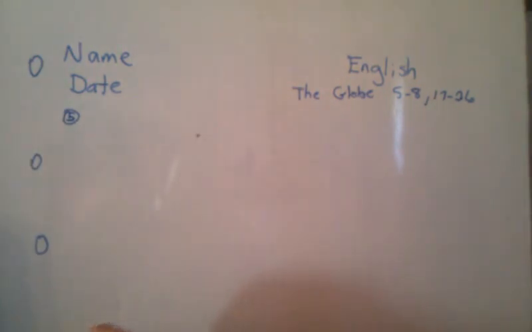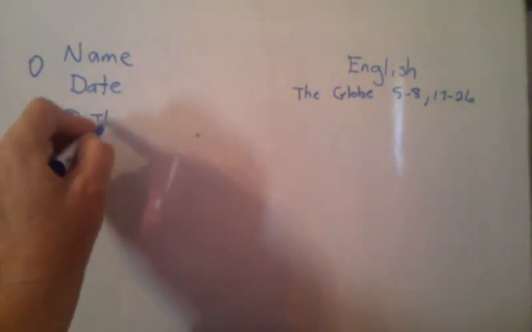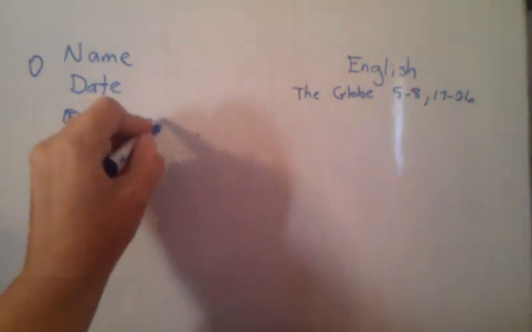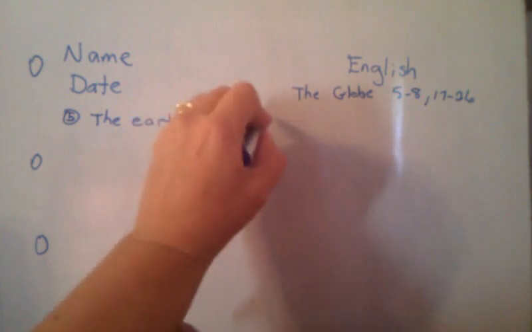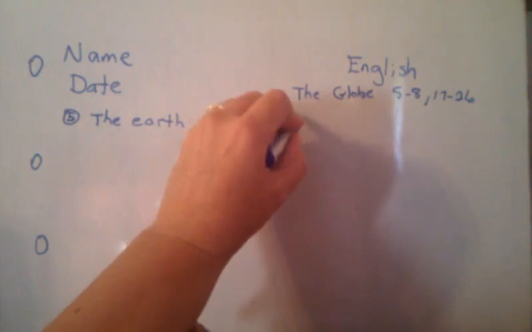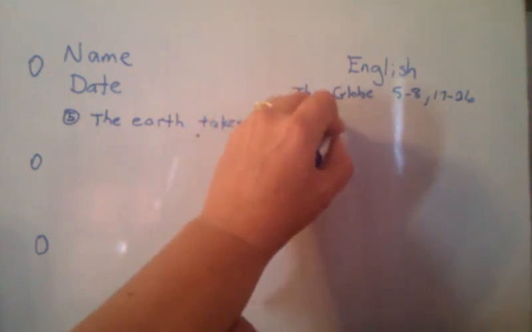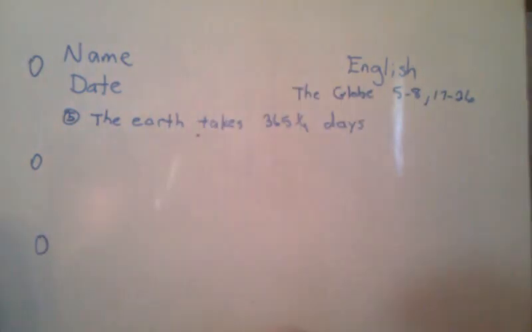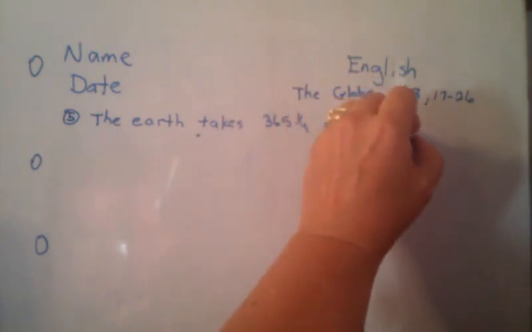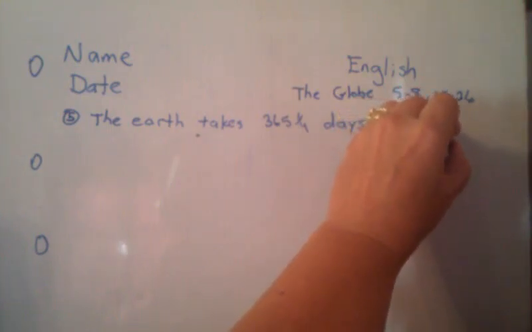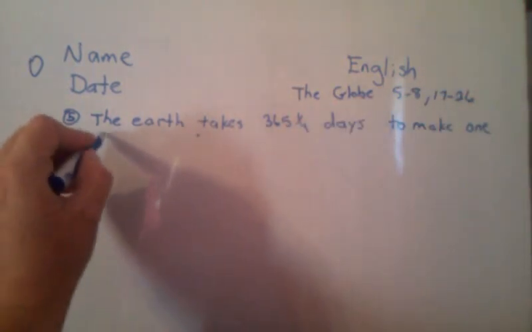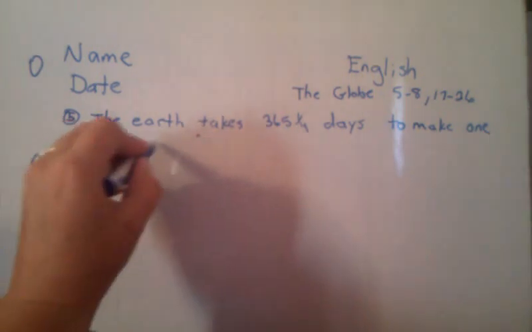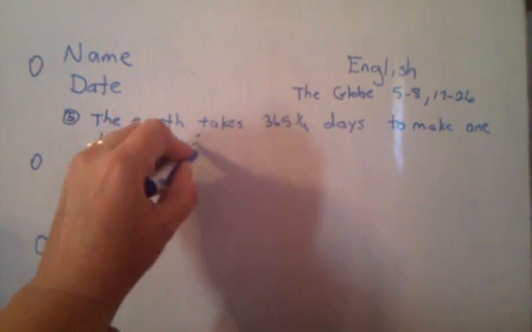Okay, the Earth takes 365 1/4 days to make one trip around the sun.